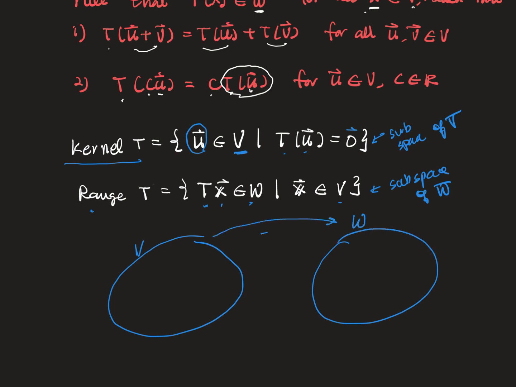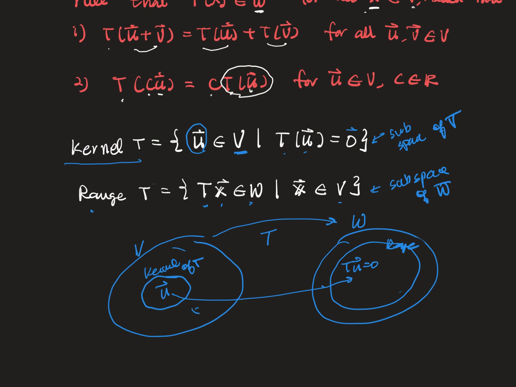You define the transformation as T. Here is the kernel space, and here is the range of T. The kernel is where you collect all the U vectors that go to 0, so T of U is 0. The kernel space is here, where T of U is 0. Here is the range: you find any x value here, and you find T of x right there.